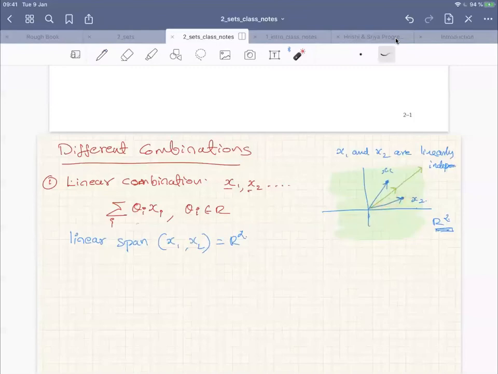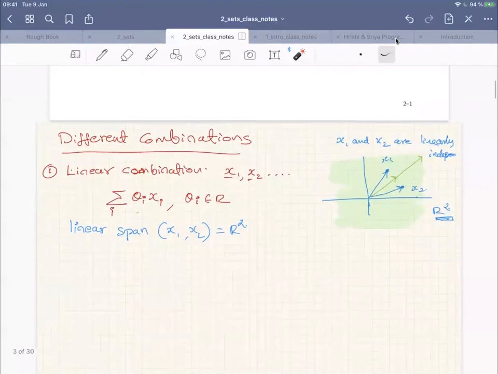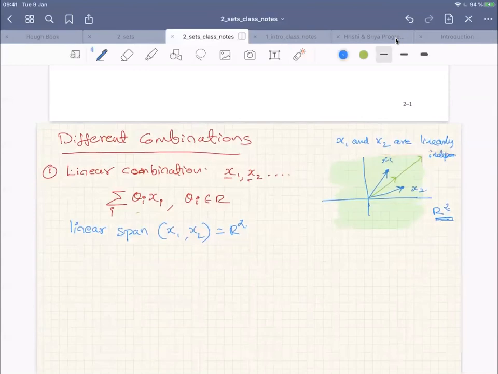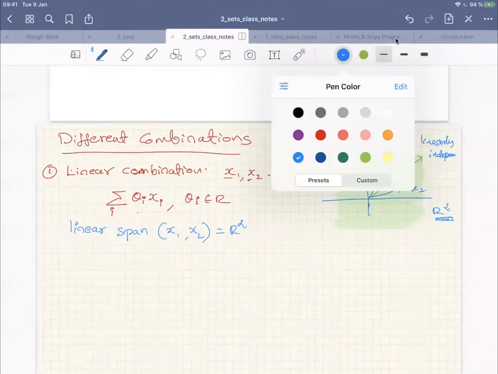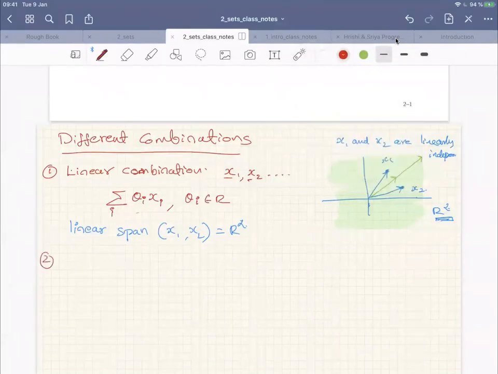So here we make this assumption. Be clear on that. For all the following discussion, we assume that the x's are linearly independent. So this is what a linear combination is. Now we go to the next combination, which is an affine combination.